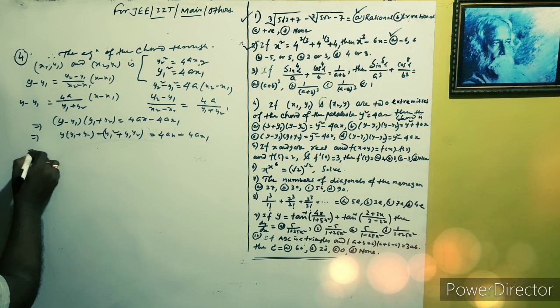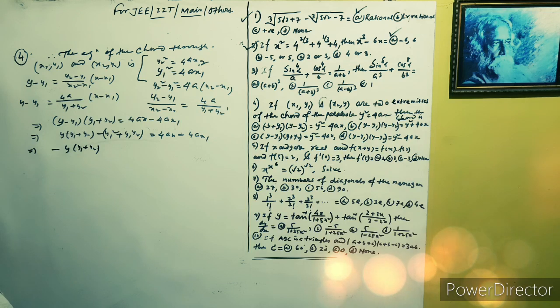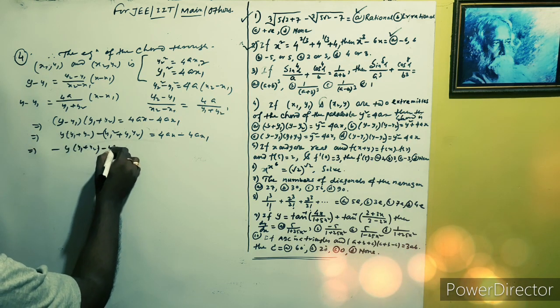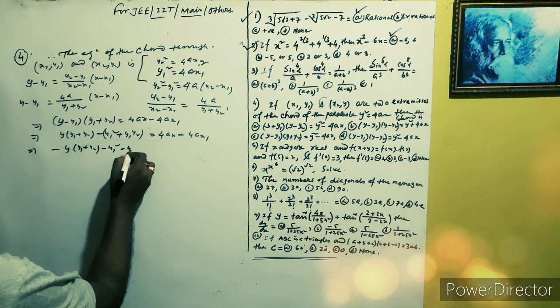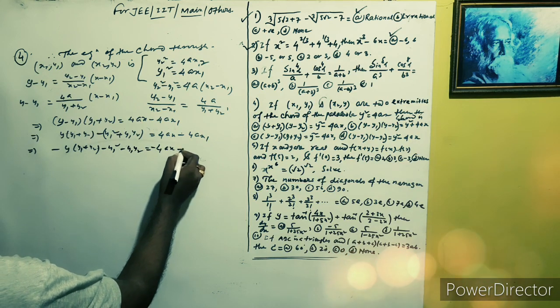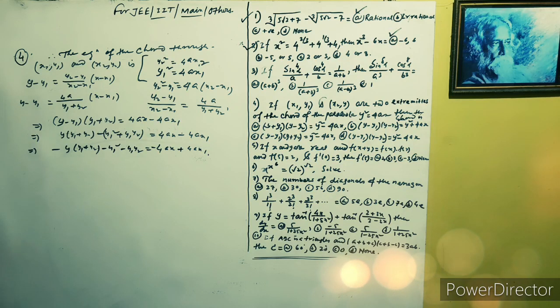If you multiply by minus, then y y1 y2, y1 square minus y1 y2, 4ax plus 4ax1.